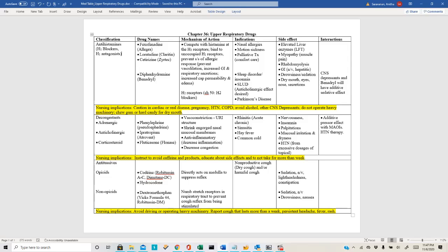So the things that have this trope in the middle are anticholinergic, used for respiratory issues. If you go back and think about your autonomic nervous system and you compare sympathetic to parasympathetic, the sympathetic is helping to bronchodilate, right? So that's what it's trying to do, dilate everything.